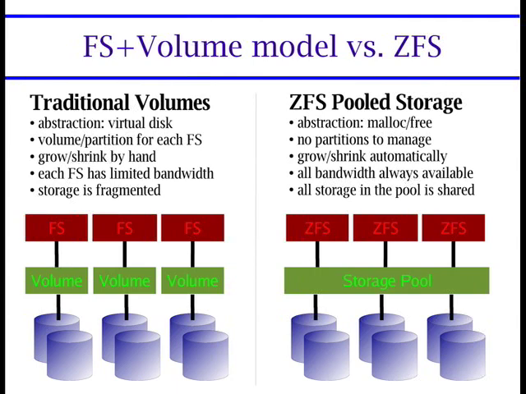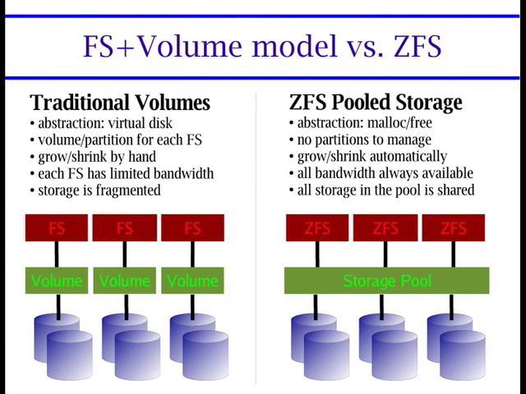You are limited with your file system size to size of your volume, and you have to grow and shrink by hand. And in ZFS model, it just shares all the disks, and you create all your file systems on top of one pool. So all the file systems share all the disk bandwidth, share all the space. So I think it's much nicer.